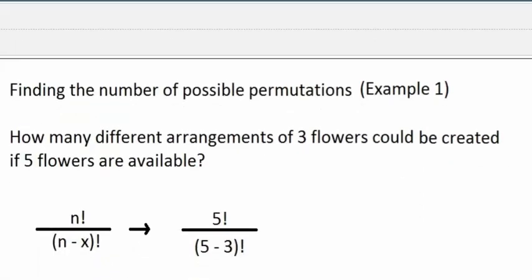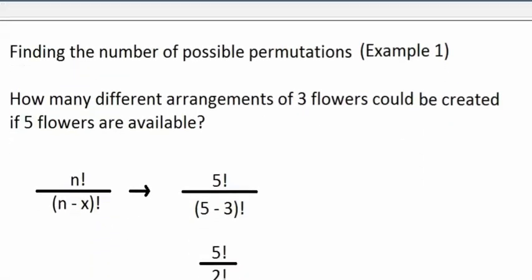So let's go over an example of finding the number of possible permutations. This one says, how many different arrangements of 3 flowers could be created if 5 flowers are available? So in this situation, you're taking 3 flowers out of 5 choices, and you're going to put those 3 flowers in a certain order to make a sequence.